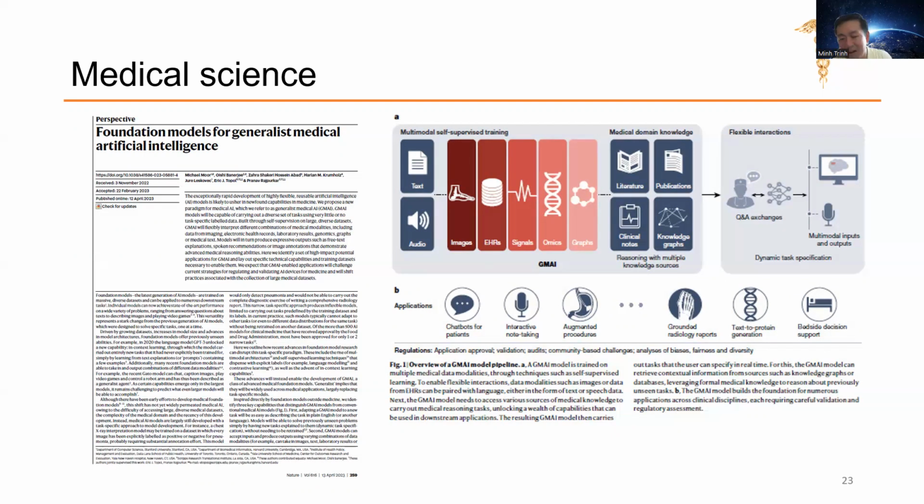I found this graph quite interesting. You have what they call multimodal, which means you have text, audio, images, EHR, electronic health records, signals from the electrocardiogram, genomics, which is your DNA, graphs, etc. Plus the medical literature, publications, notes from doctors and nurses, and knowledge graphs, which organize the scientific knowledge in a graph.